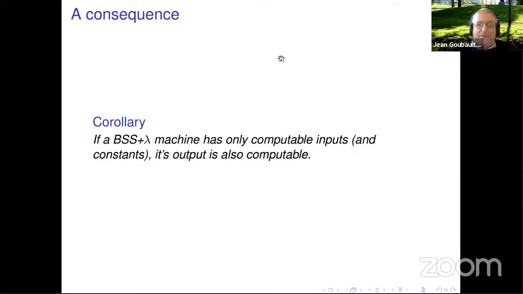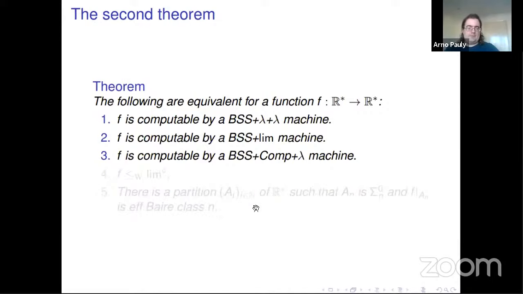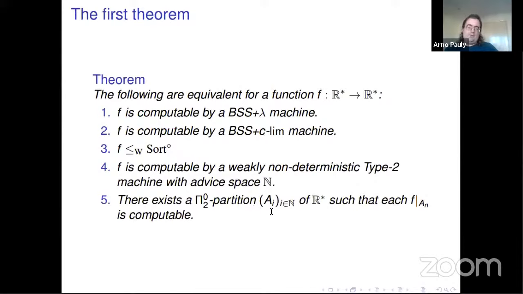So the BSS plus lambda machine model is a way more expressive model then, yes. And well, no, that can't get you any pointwise non-computability, because if all your inputs are computable, you always get a computable output. The only non-computability you get here, if you look at item 5, is in being able to do a partition into Pi02 pieces.